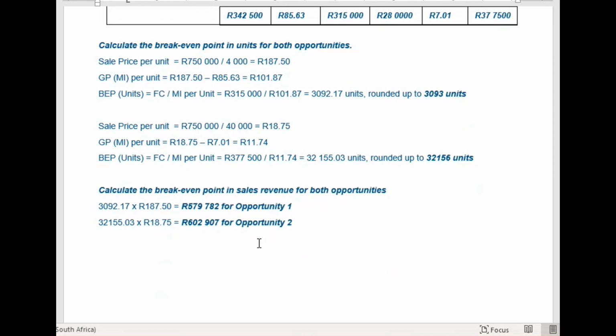Okay. Now that you have calculated, please note that while in the real world you have to round up for the units, when you now calculate the break-even point in sales, you must bring back that decimal, okay? Or else your rand amount is going to be slightly wrong.